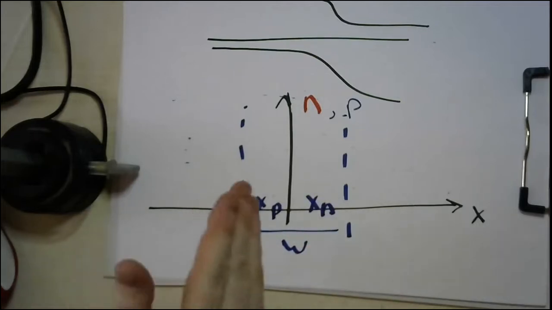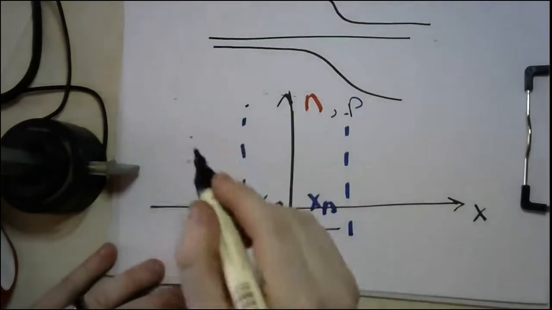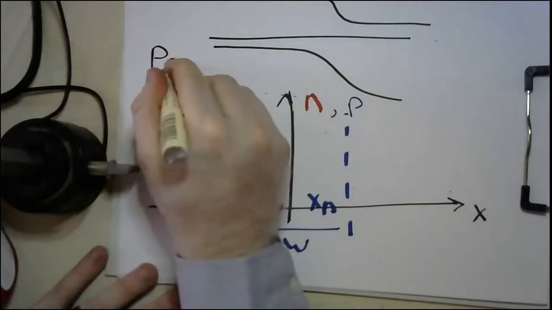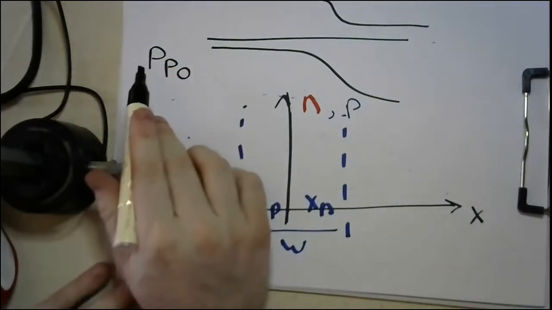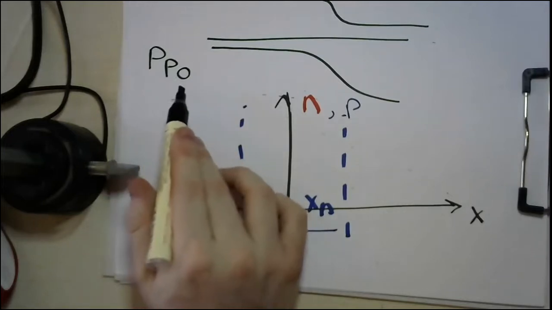So now in the P region, life is very easy. In the P region, this is a typical P-type semiconductor material, as you already solved a lot of problems in your sheet 2 and sheet 3 problems. So simply the hole concentration here is equal to Na. If you remember the notation, we say this is P P node. P because this is holes, the subscript P because we are in the P region, and node due to thermal equilibrium.